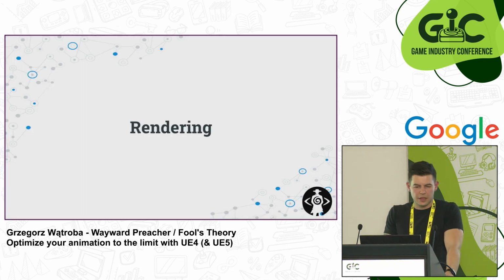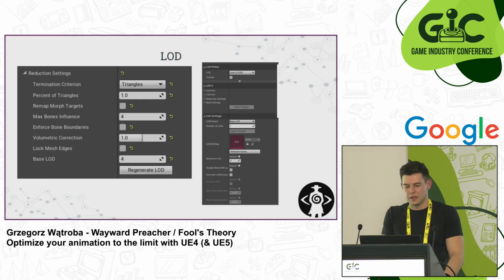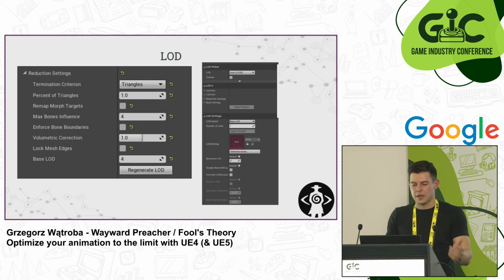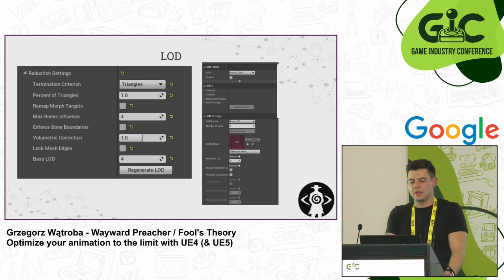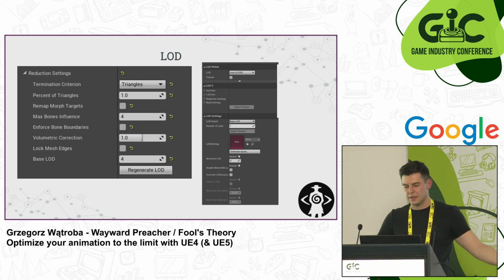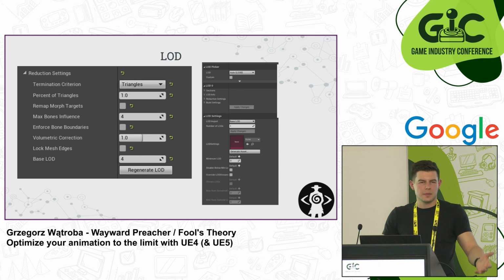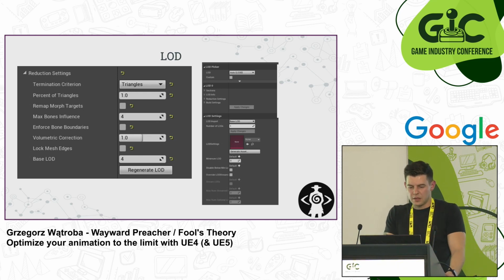And let's go quickly, because we have a few minutes, to rendering. In the rendering area, we have lots of possibilities, but I'll focus on the quickest ones that we stumbled upon to reduce the scene rendering cost. An important aspect of rendering optimization are LODs, so levels of detail, which are the levels of complexity of the object depending on the distance from the camera. So some time ago, it had to be done externally.